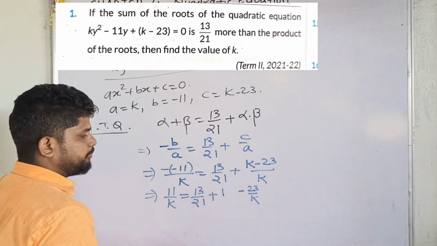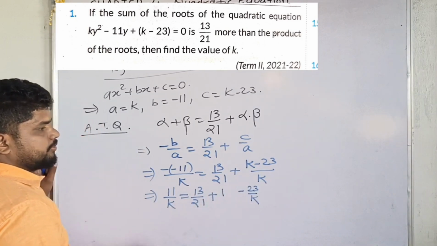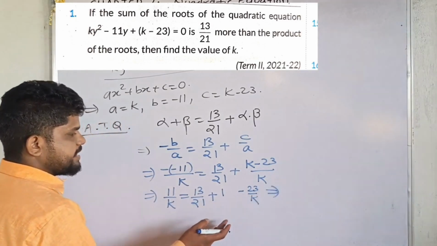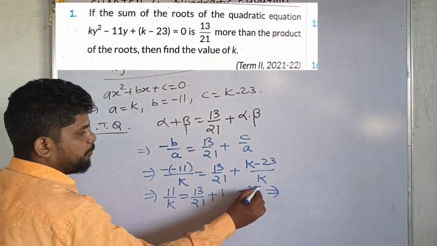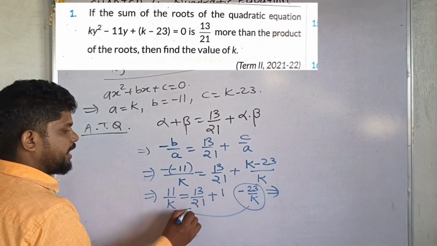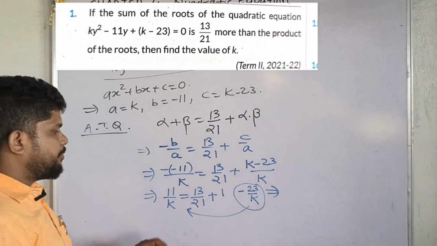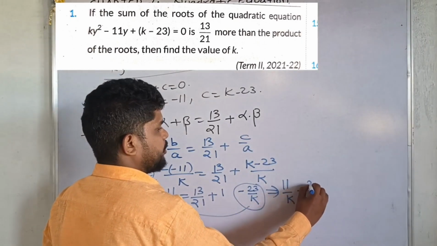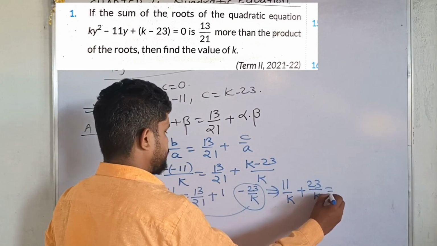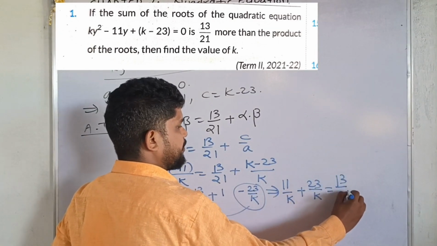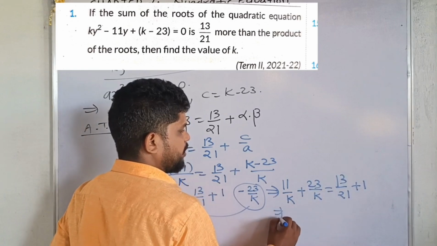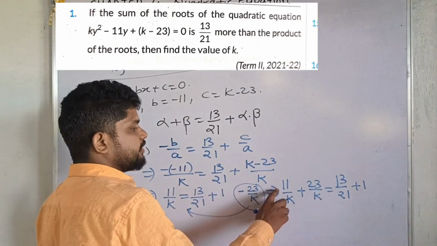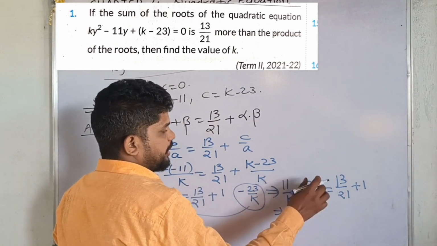Okay, so here by variable separation we will transpose this to the LHS. We will get 11 upon k plus 23 divided by k is equals to 13 upon 21 plus 1. Here since the denominator is same, we will add the numerator as it is.